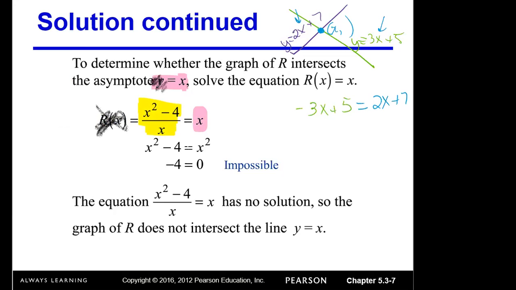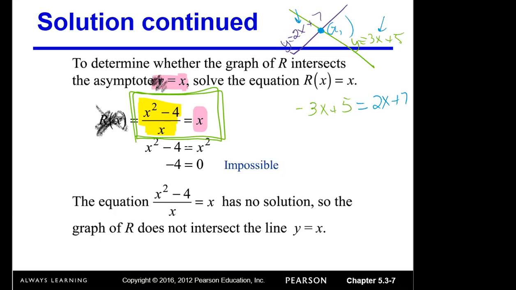So they took that ugly equation, this mess right here, and they said, all right, we're going to solve that for x. First thing they had to do was clear out the fraction. So they multiplied both sides by x.